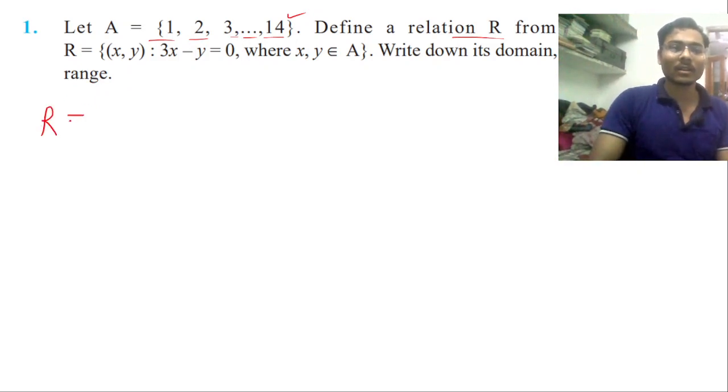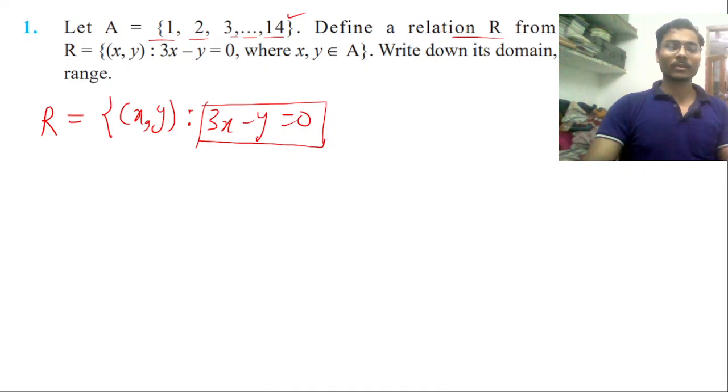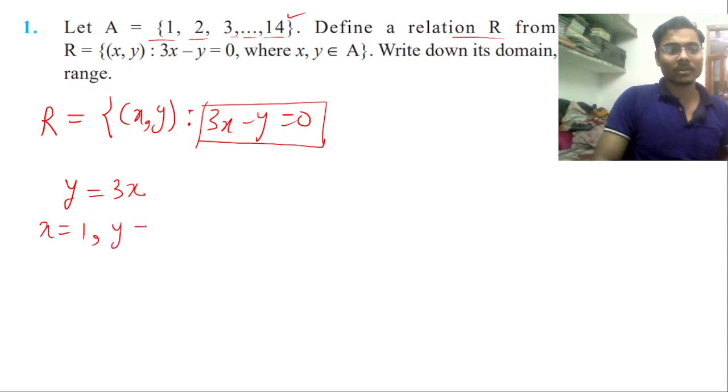They are saying R is equal to (x, y) such that 3x minus y is equal to 0, where x and y belong to A. Now we can simply put x and find out y. So y is equal to 3x. If we put x equal to 1, we get y equal to 3, so we get (1, 3).